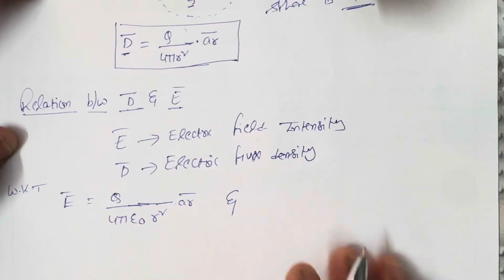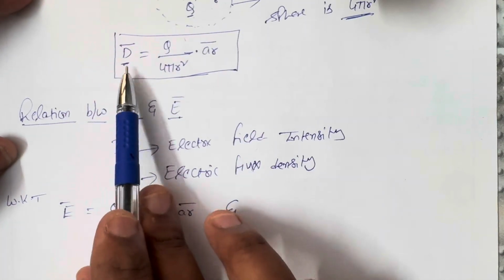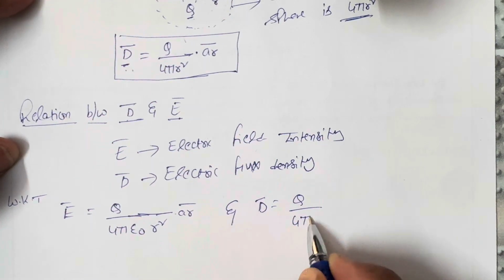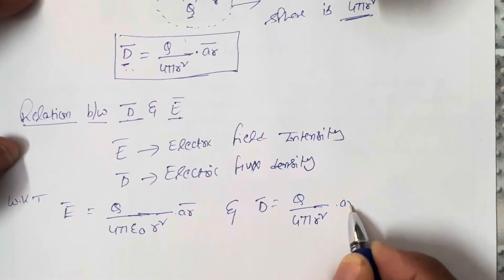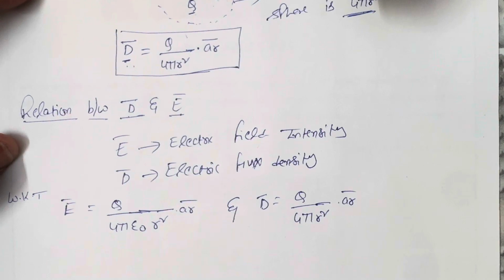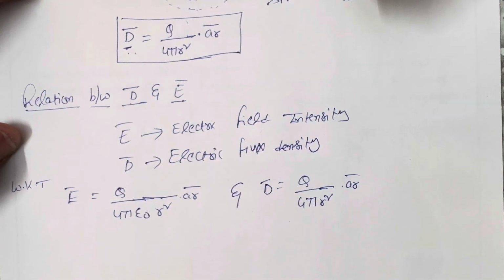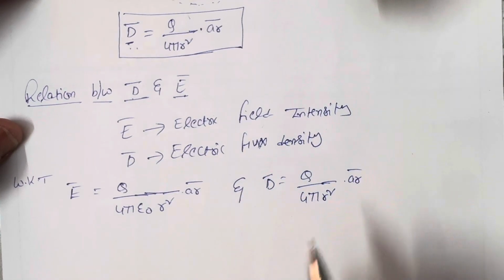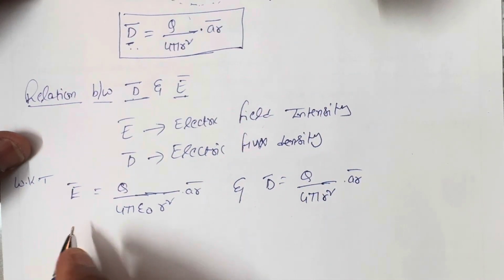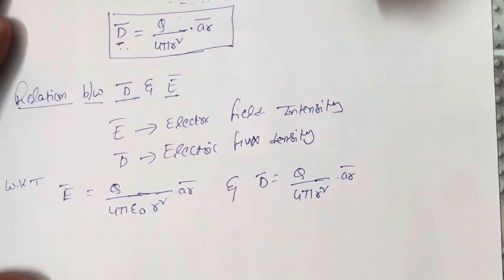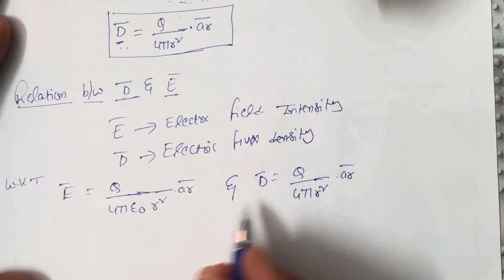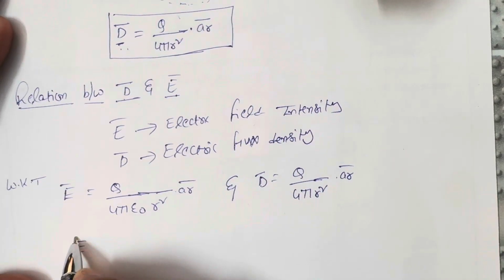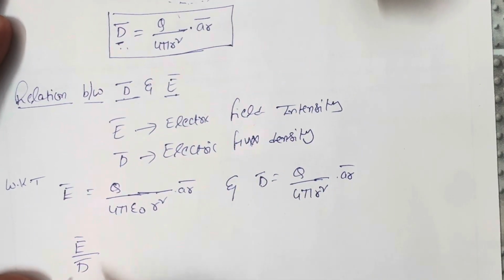And right now we have derived D bar equal to Q by 4 pi R square into AR bar. That is the expression for D bar. Now I am taking E bar by D bar.